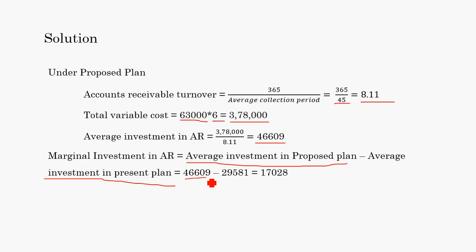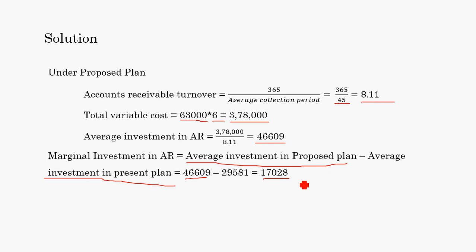So 46,609 was your average investment in account receivable under the proposed plan, and 29,581 was the investment under the existing plan. So the marginal investment is 17,028. This is the increase in investment because of the proposed plan.